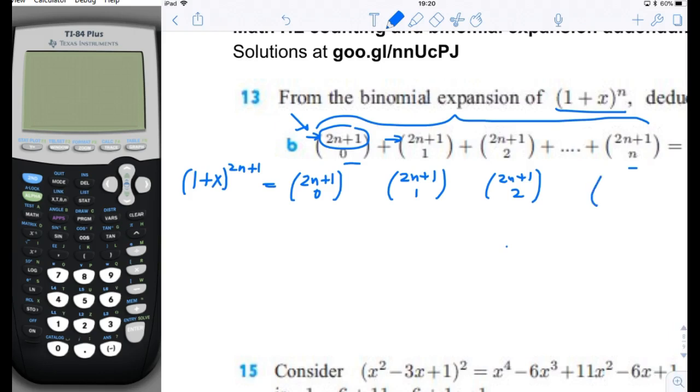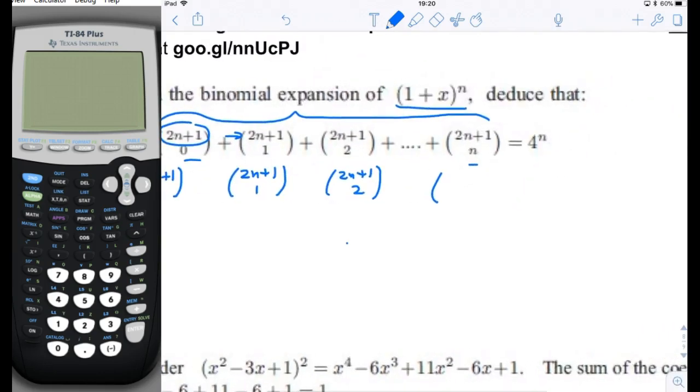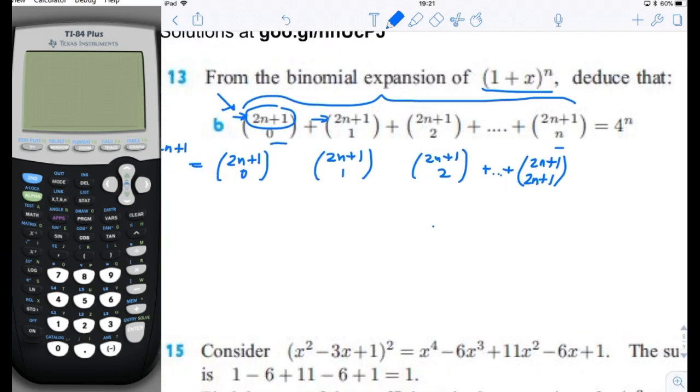So you'd have all these coefficients, and it would go all the way up to (2n+1) choose (2n+1). That would be the last coefficient, right? And each one of these would be multiplied times an x term. So this would be x to the first. This would be x squared. This would be x^(2n+1), right?